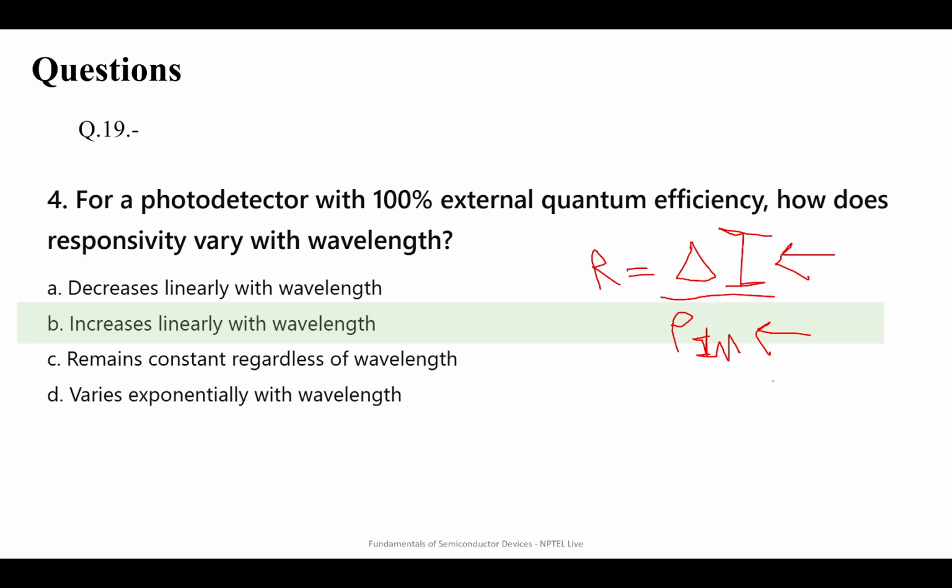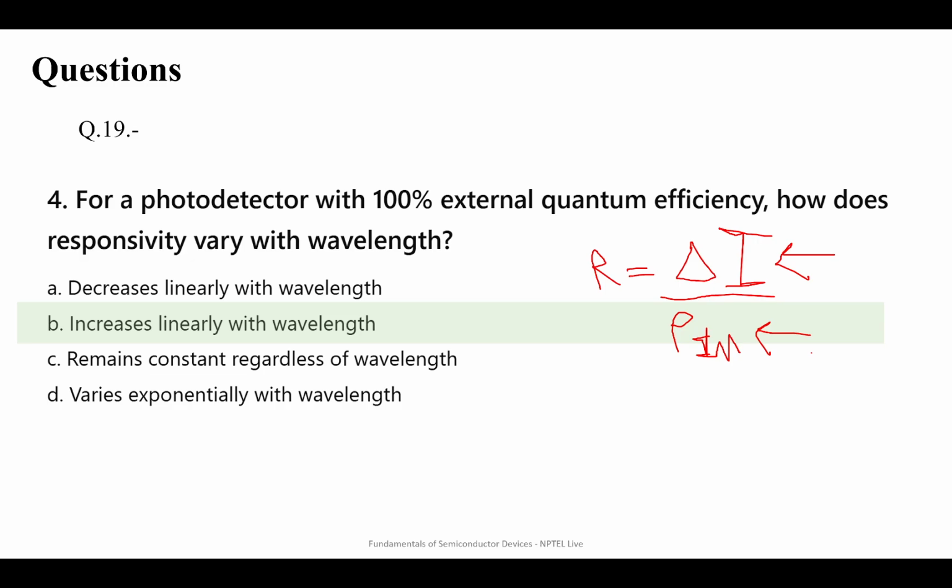So, sir, at 1000 nanometers the responsivity will be higher. The change in current will be higher for 1000 nanometers.